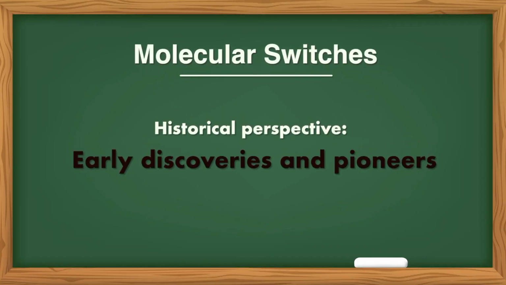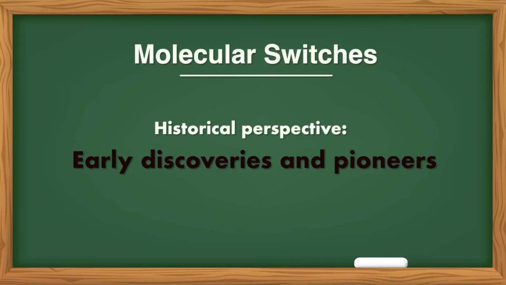One of the earliest observations related to molecular switches dates back to the 19th century, when scientists began exploring isomerism. Isomerism refers to the phenomenon where molecules have the same molecular formula, but differ in structural arrangement or spatial orientation.